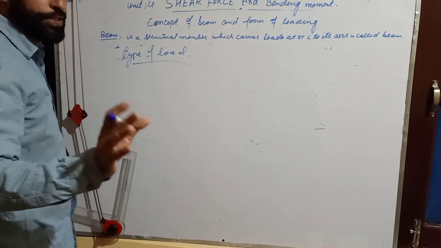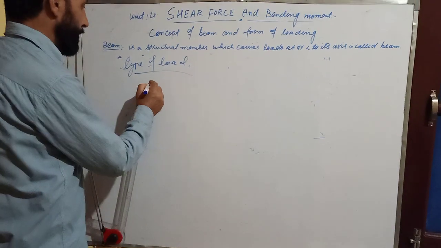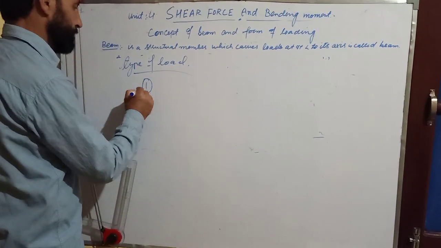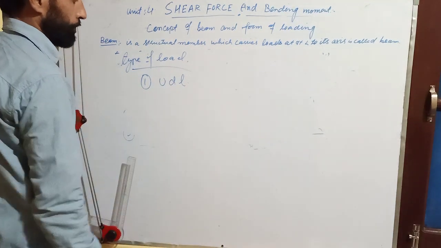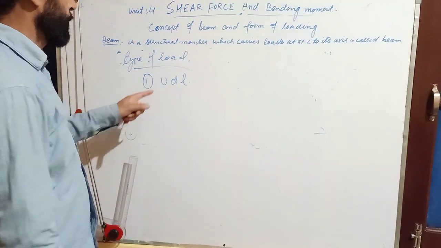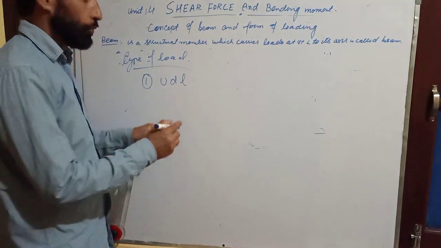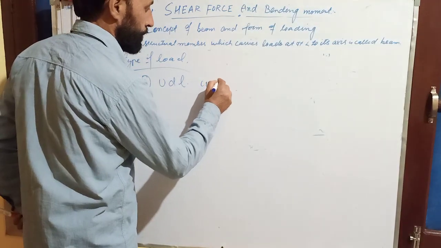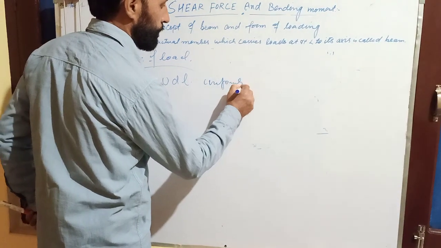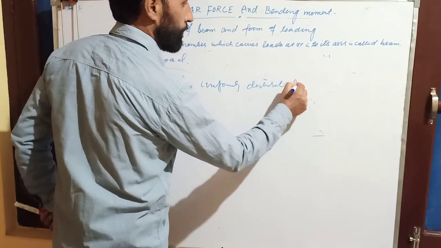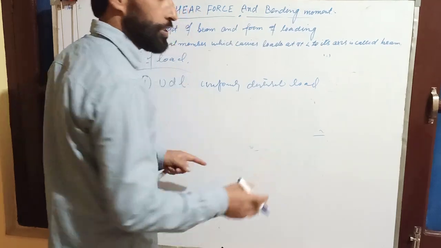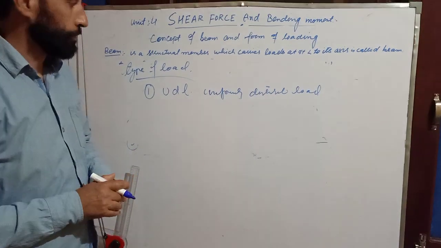There are three types of loads. Number one, UDL, uniformly distributed load. U for uniformly, D for distributed, L for load.